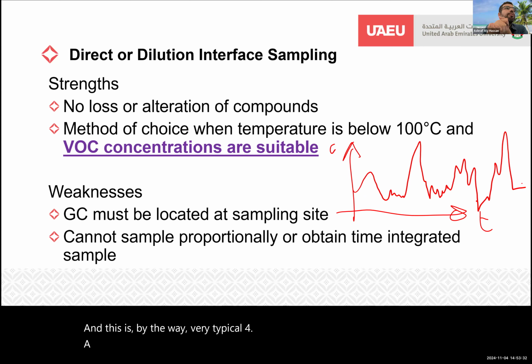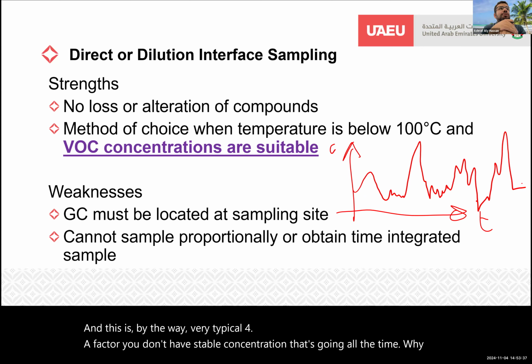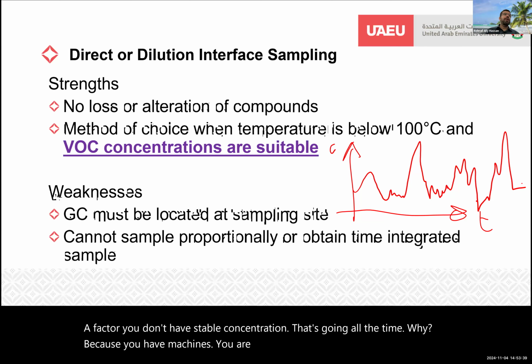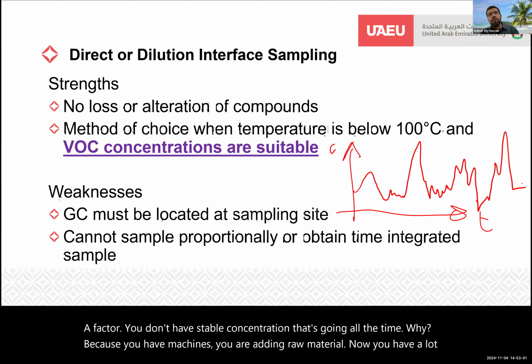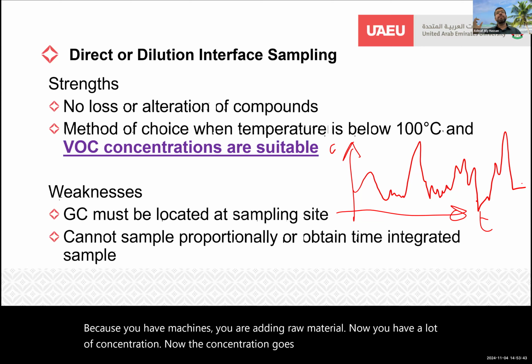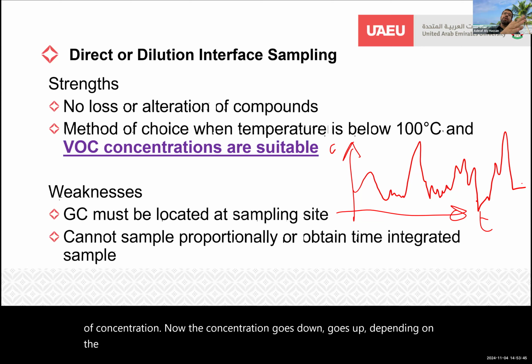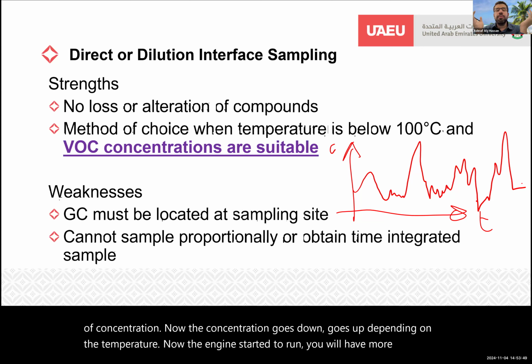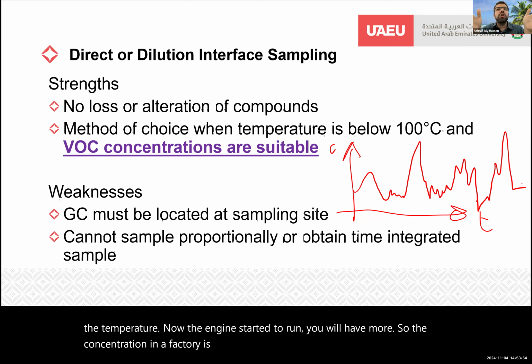You don't have a stable concentration all the time. Why? Because you have machines, you are adding raw material, now you have a lot of concentration, now the concentration goes down, goes up, depending on the temperature. Now the engine started to run, you will have more. So the concentration in a factory is changing very much.